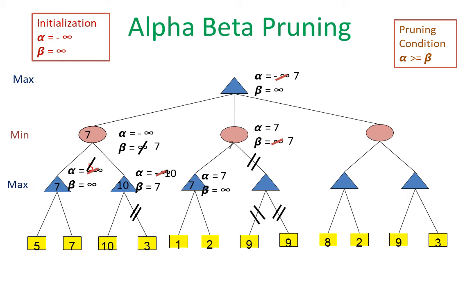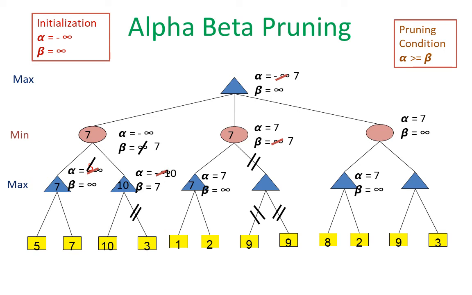And when you take the min value, beta has to change the value. So here 7 is there, so beta, which was infinity, is changed to 7. And here you can see the pruning condition is met. Alpha is equal to beta. So we need to prune the branches, and hence this 7 is retained here.